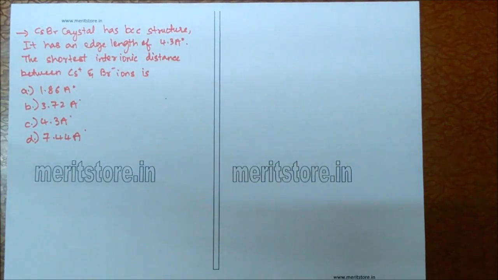CsBr crystal has a BCC structure. It has an edge length of 4.3 angstrom. The shortest interionic distance between Cs+ and Br- ions is: A) 1.86 angstrom, B) 3.72, C) 4.3, D) 7.44 angstrom.